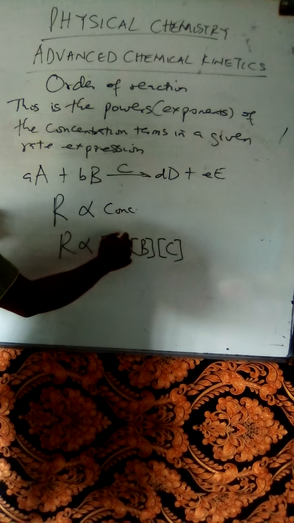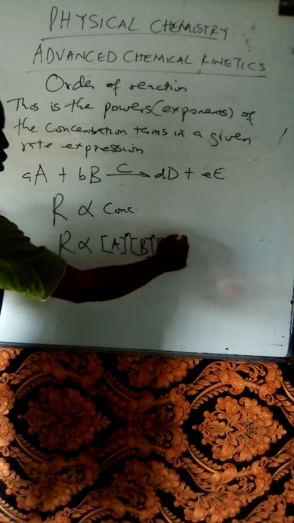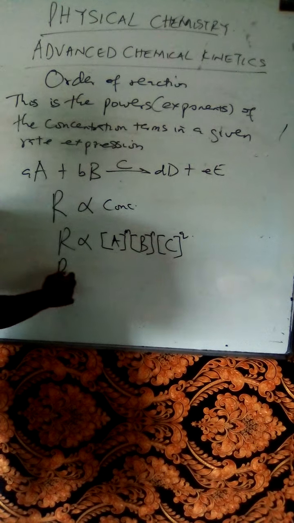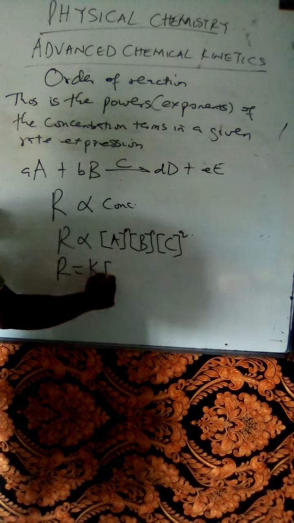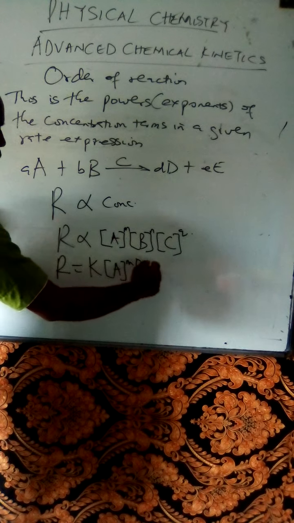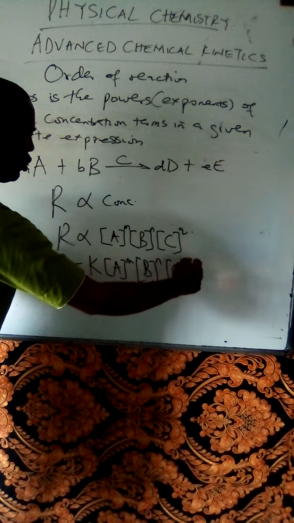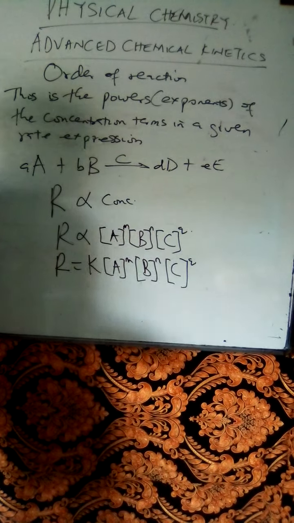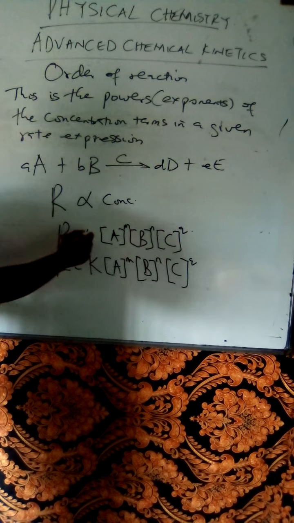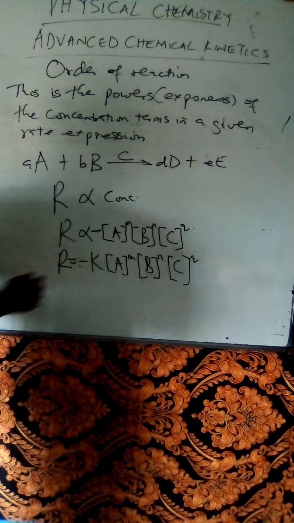We can call this one m, this one n, this one q. So we now bring in a constant k: A to the power m, B to the power n, and C to the power q. Now, this is the rate expression for this reaction. Negative sign because it is in terms of reactants.